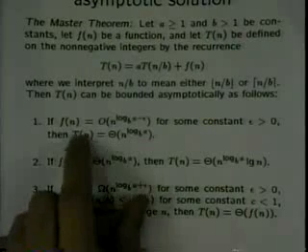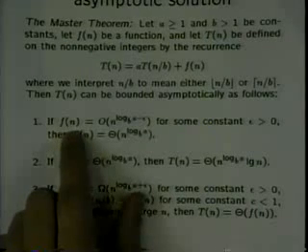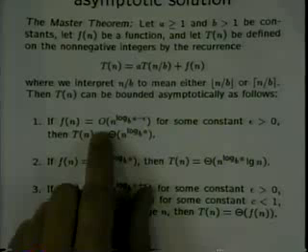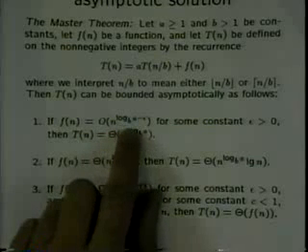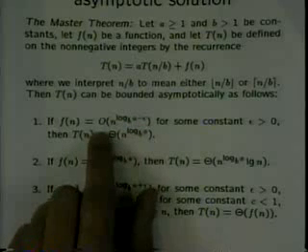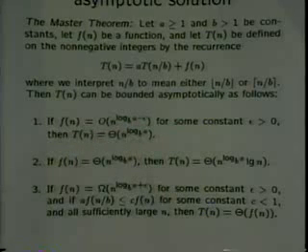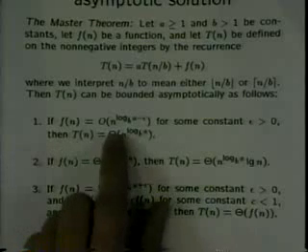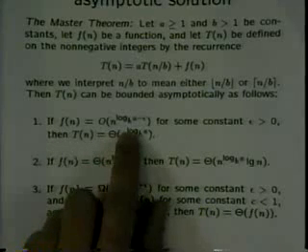Suppose that additive function, f of n, is big O of n to the log base b of a minus epsilon. What does big O mean? It means that this is an upper bound for it. f of n grows slower than this, or no faster than this.